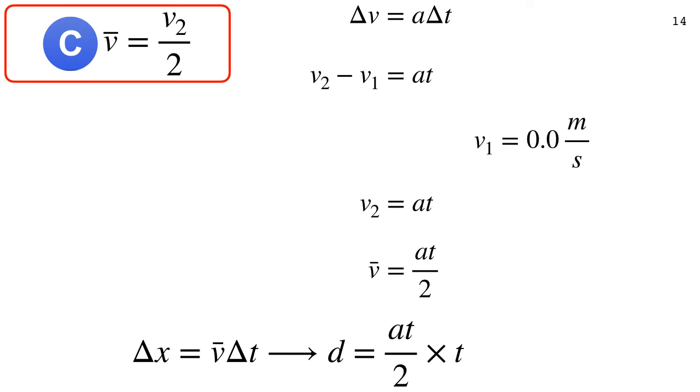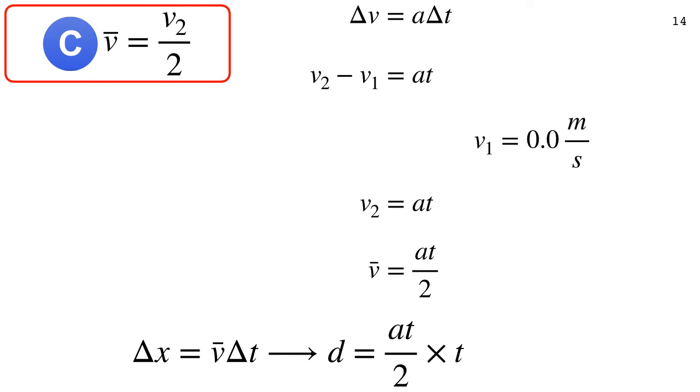Here's what we've got. The distance of the skateboarder's travel along the ramp, going downwards, is, according to the average speed formula here at the bottom, AT over 2 for the average speed, times the amount of time that you're at average speed.